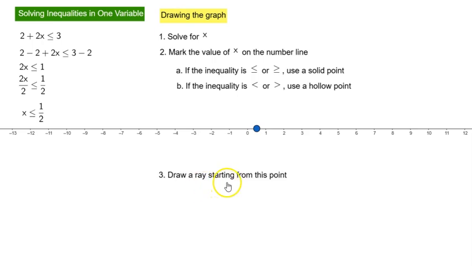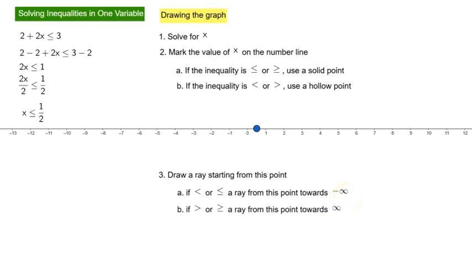Now draw a ray starting from this point. Which direction? Because we do have two directions. If less than or equal to, a ray from this point towards minus infinity. And if greater than or equal to, a ray from this point towards infinity.